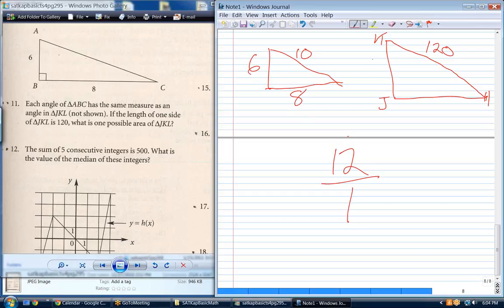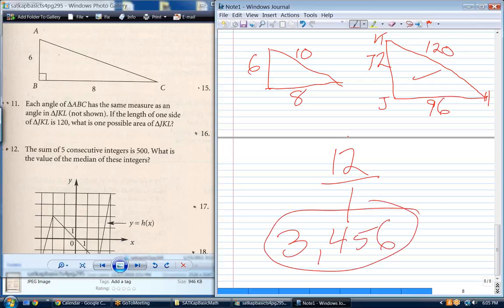So what would this dimension be? That'd be 72. And this dimension down here? 96. And the area of that triangle? 3,456. So that's what you would grid in.